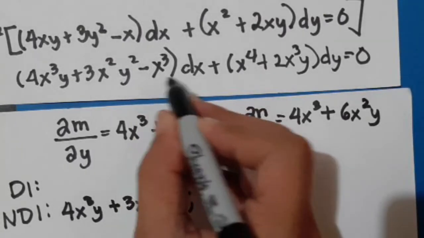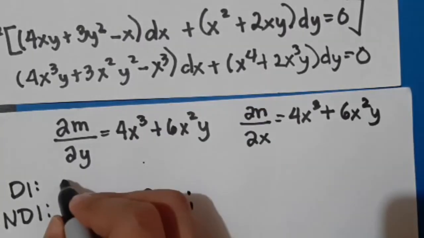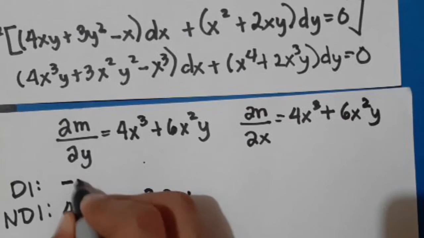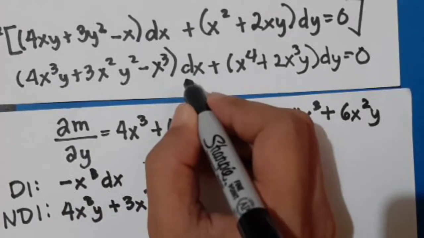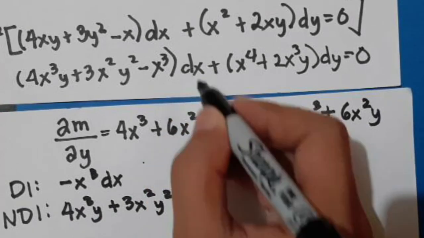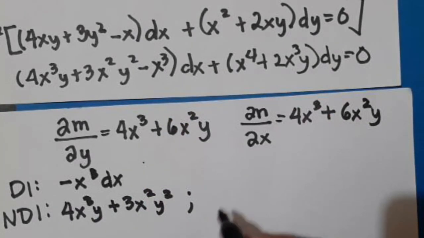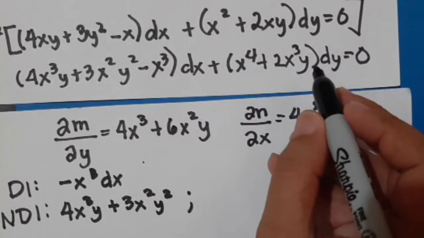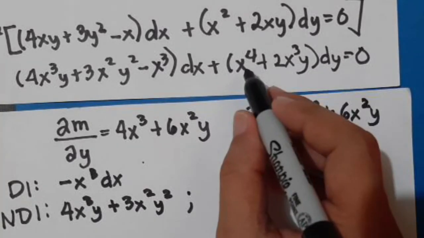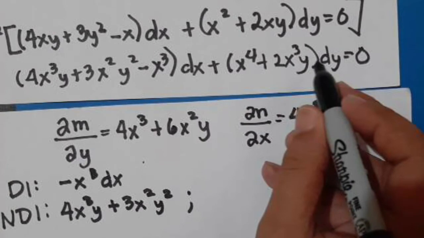While negative x cubed will be direct integrable, since we have only x variable in dx. Next is x to the fourth dy. For x to the fourth dy, obviously we have x and then we have y, therefore that is ndi.